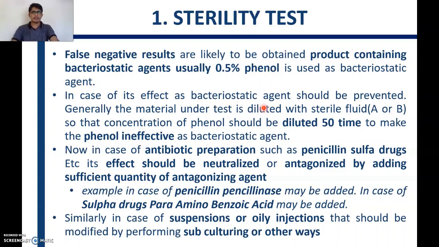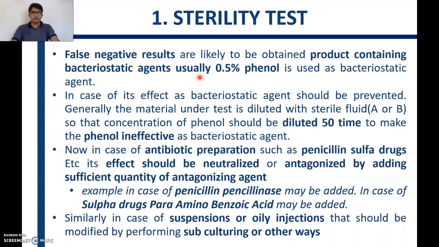So in this case, we have to neutralize the effect of bacteriostatic agents. And this can be done either by diluting with fluid A or B, or by using some agents which will neutralize or antagonize the effect of inhibitory agents.